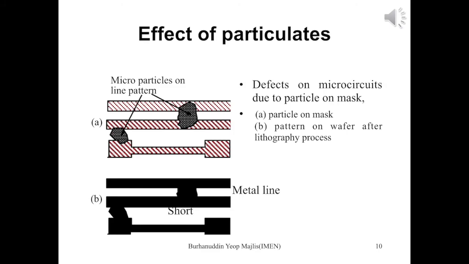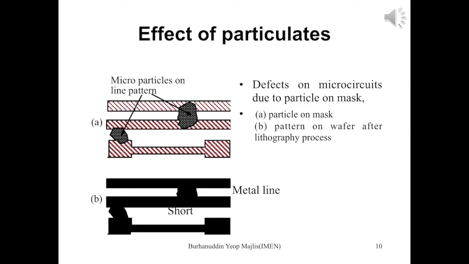If we do this not in a clean environment, particles will settle on the mask and will be transferred onto the device that we're going to fabricate. As you can see from the diagram, two particles will make the line short circuit after we develop and process.